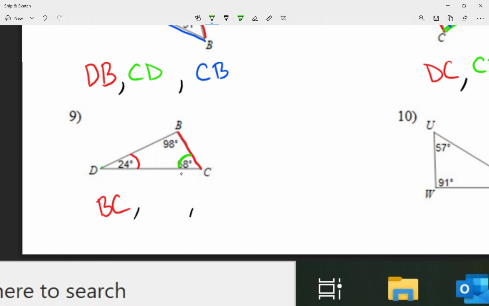And that is opposite from the side DB. And the biggest angle here is 98 degrees, which is opposite from the side DC. Again, I don't know how big each of these sides are, but I know which one's shortest and which one is longest. And obviously which one's in the middle.